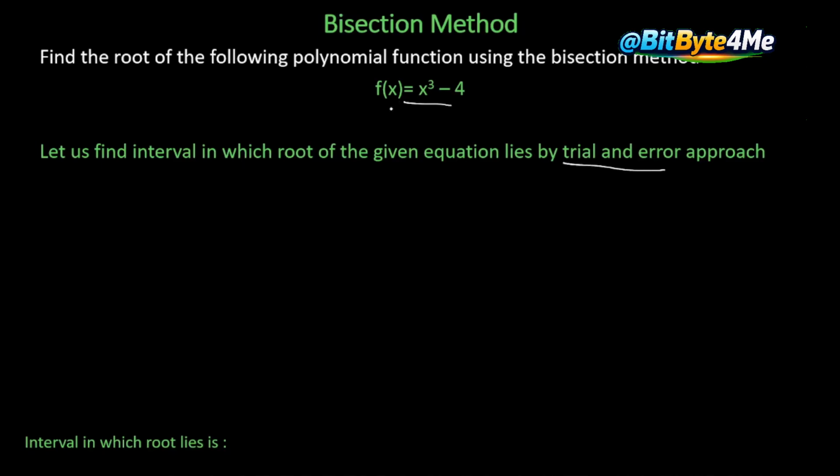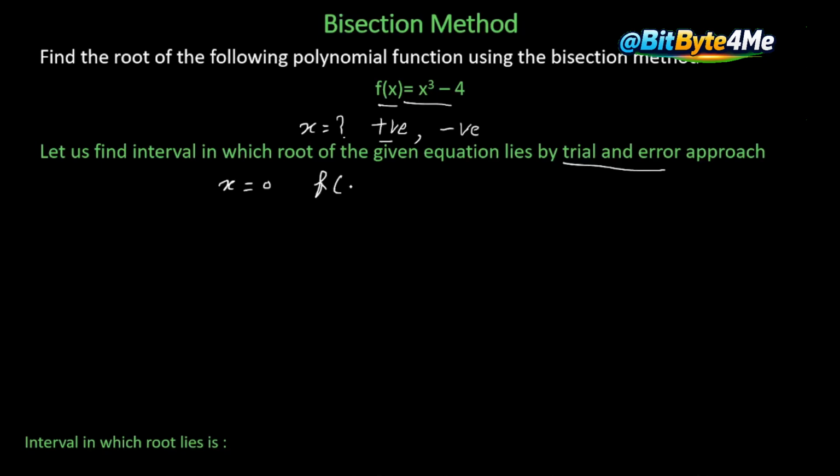This can be done with the help of a trial and error approach. That means we have to find the values of x for which this function f(x) is positive at some x and negative at some x. We have to find 2 values of x, at which it is positive for one value and negative for the other. So by trial and error, let's take x = 0.